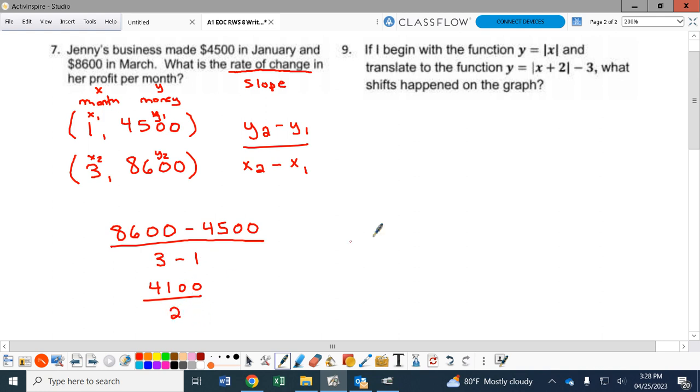And when you simplify that out, it will simplify down to 2,050. The rate of change is $2,050 per month. That's how much her profit has changed in those months, per month. Okay, let's go down to number 8.